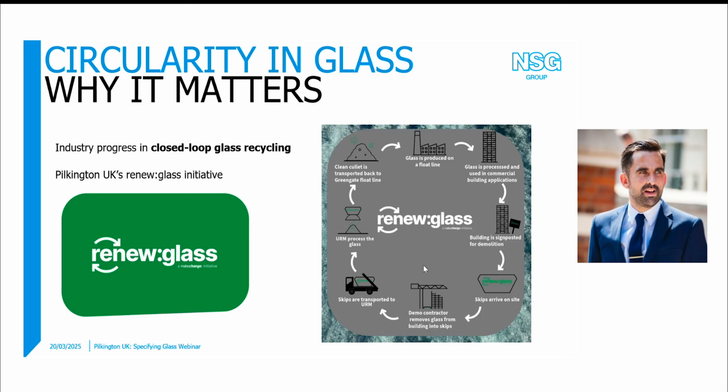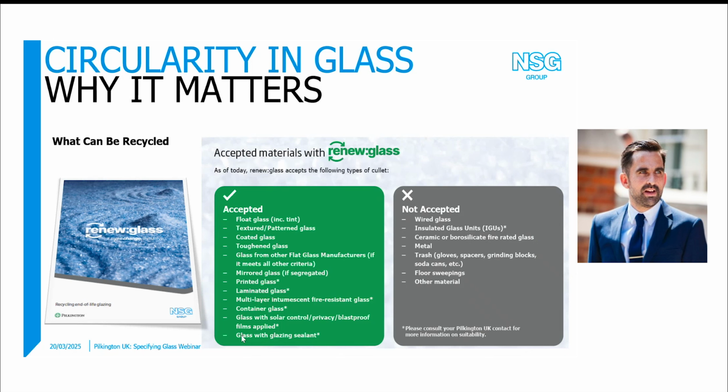It can't be mixed in with other waste materials, etc. So it's more thinking around the deconstruction and the demolition phase, really, to collect it adequately segregated. And then with our partners, it'll be cleaned and sorted and sold back to Pilkington, essentially as cullet, which we will use in our glass manufacturing.